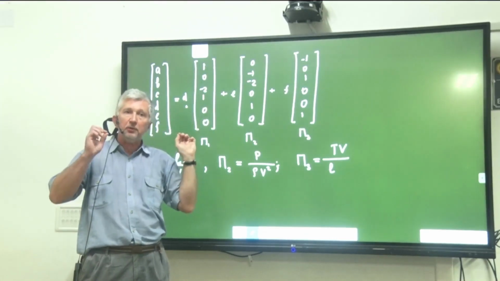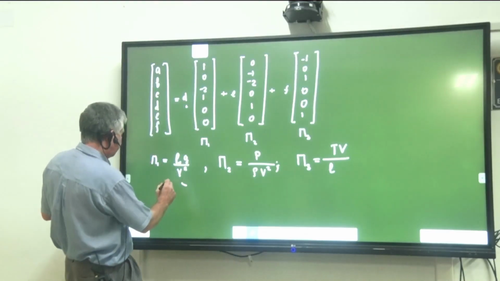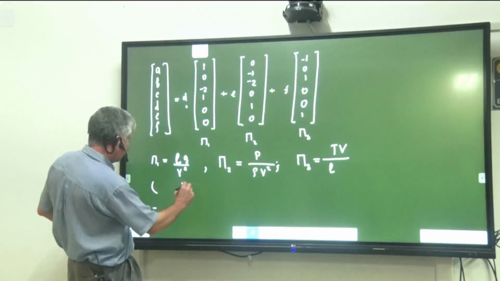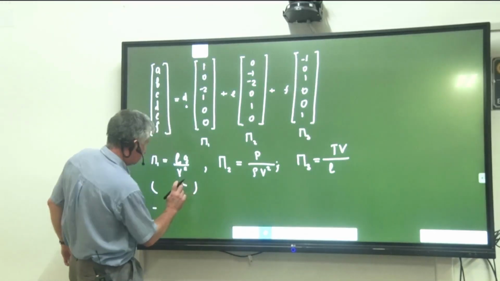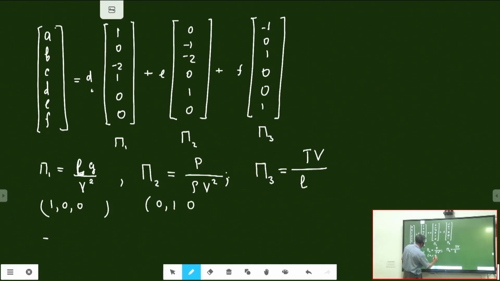What do you think it will look like? So I'll just put the notes here. Here we will have 1, 0, 0. So D is equal to 1, right? Here we will have 0, 1, 0.